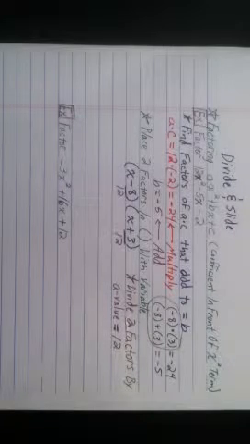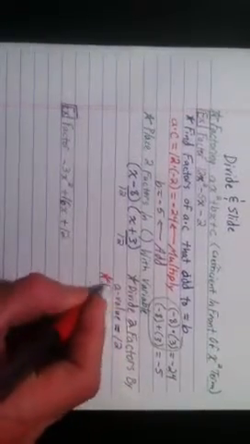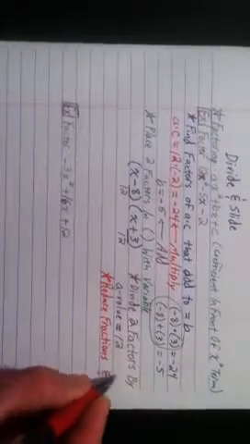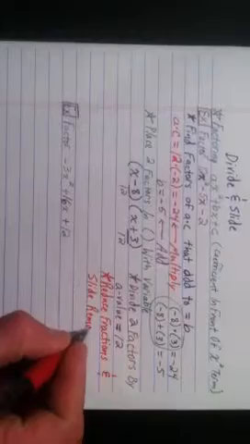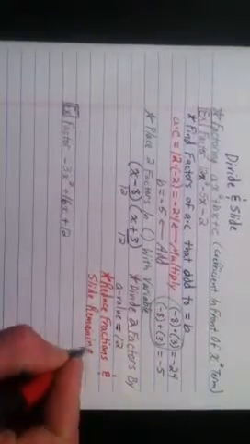Next, we want to reduce the fractions, if possible. And then if we have any remaining denominators, if they don't reduce into whole numbers, then we want to reduce the fractions and slide any remaining denominators.